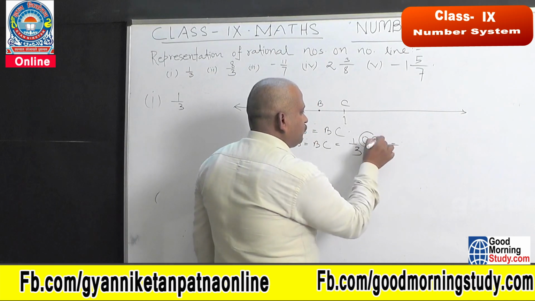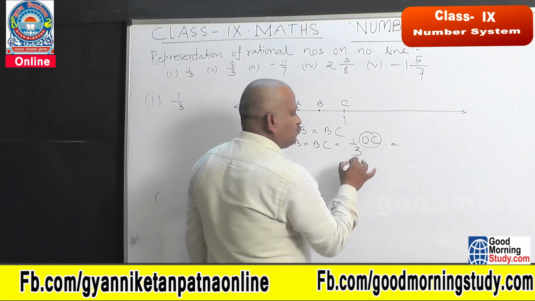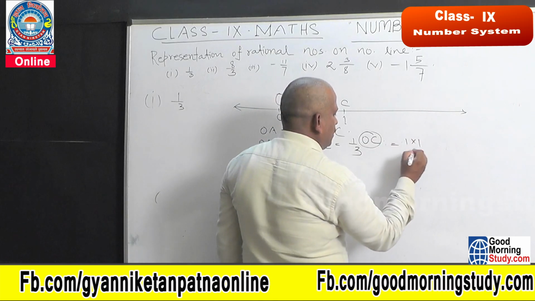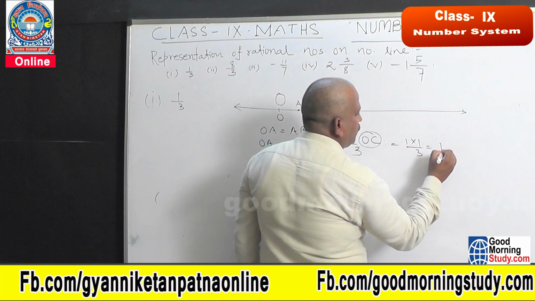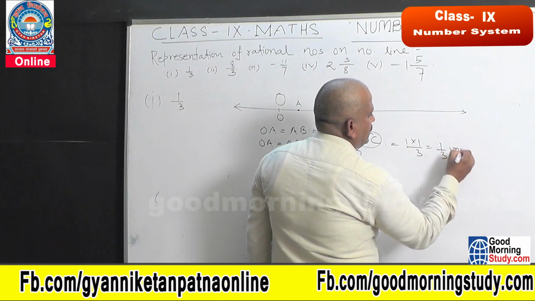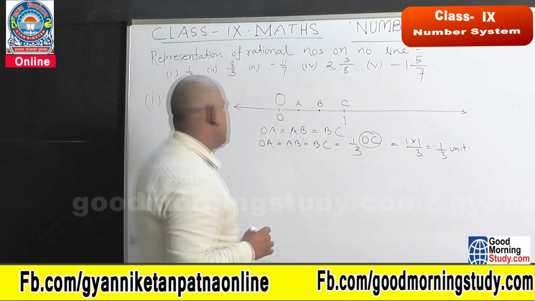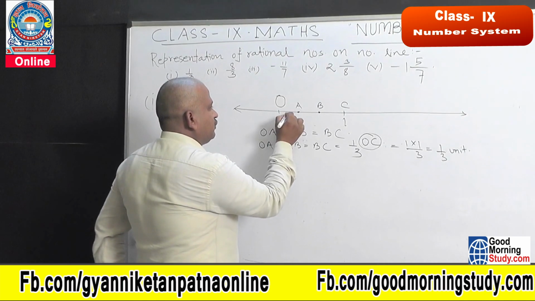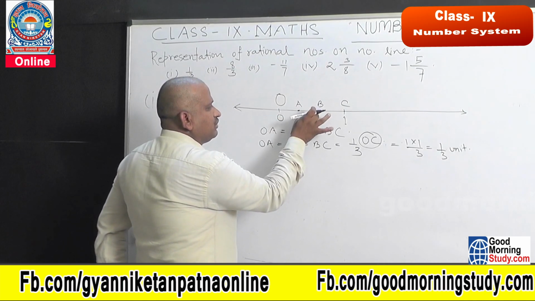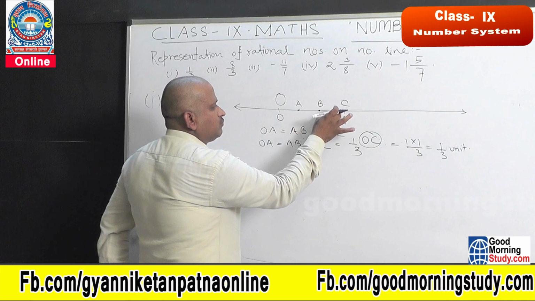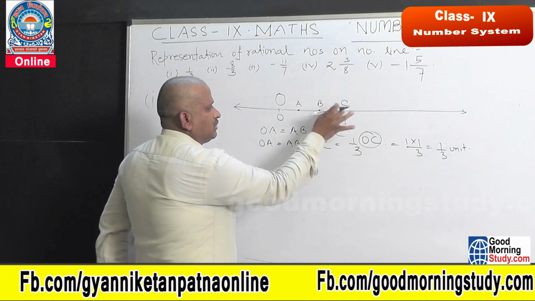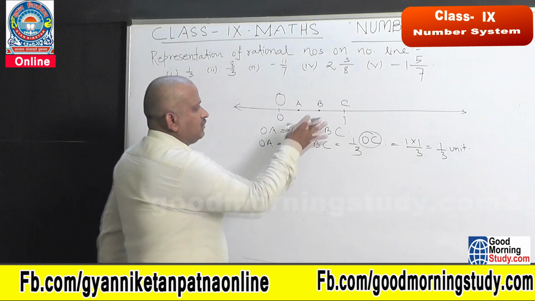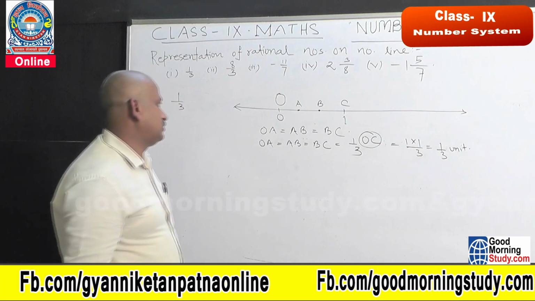So this you have to substitute 1. So 1 into 1 by 3. This is 1 by 3 unit. So from O to A, this is 1 by 3 unit. Again this is 1 by 3 unit, and this is 1 by 3 unit, and together all these 3 will complete 1 unit.